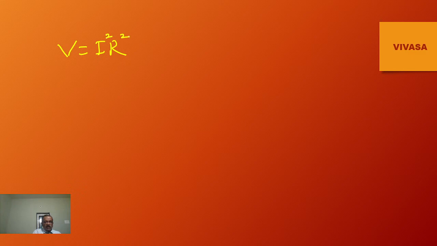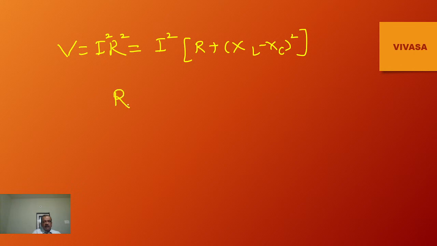Now this is equal to I square into bracket R square plus (XL minus XC) whole square. Now the I is common on both sides, and therefore you can write R square is equal to R square plus (XL minus XC) whole square.